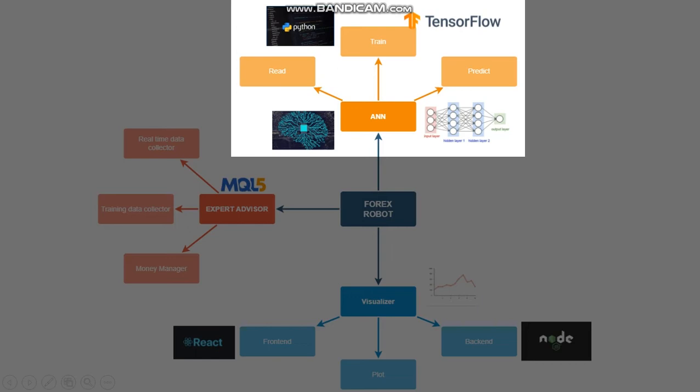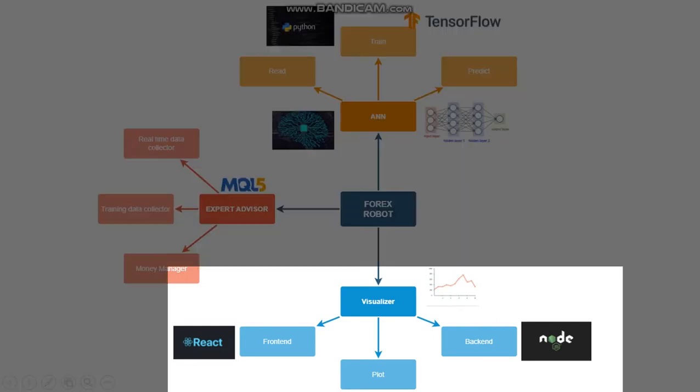Basically what it does is it reads the data that comes from the expert advisor, trains itself based on the training data, and predicts what could possibly happen based on what's currently happening as given by the real-time data collector. These predictions are fed back to the money manager, which then executes the trades in a way that adheres to certain rules.